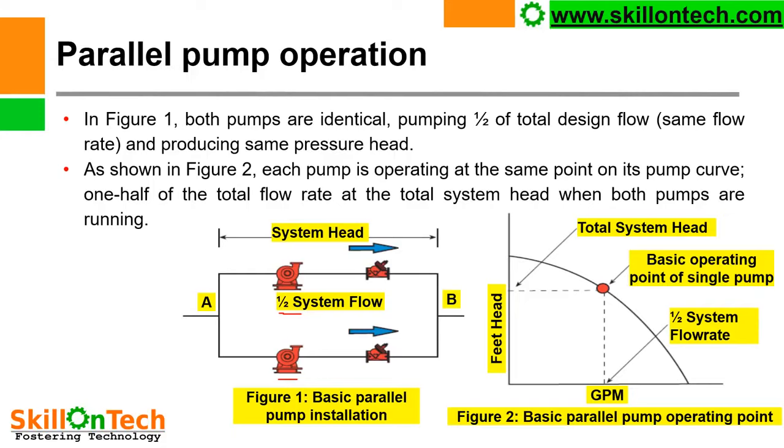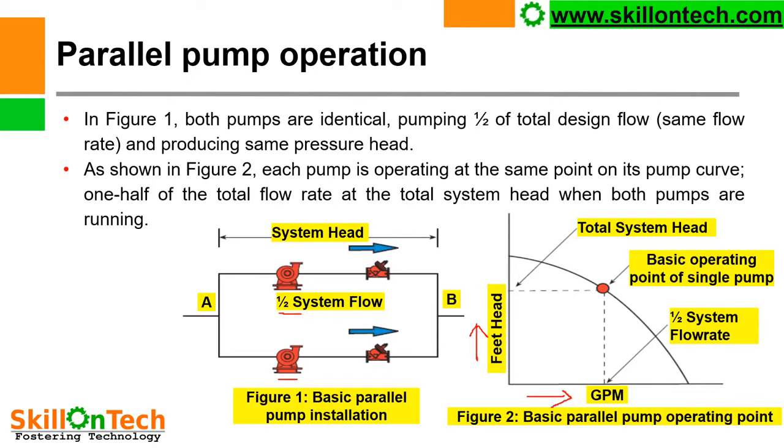In figure 2, we can see how we get the operating point in basic parallel pump operation. Here on the x-axis is the flow rate, and on the y-axis is the pressure head, in feet, and flow in gallons per minute.